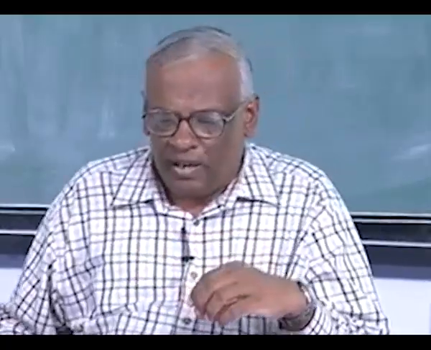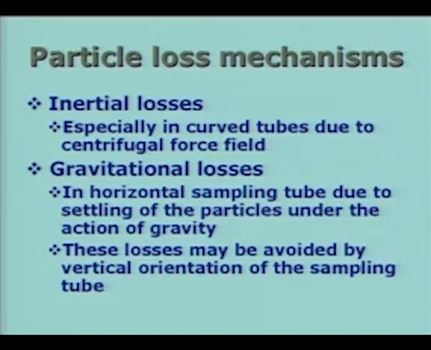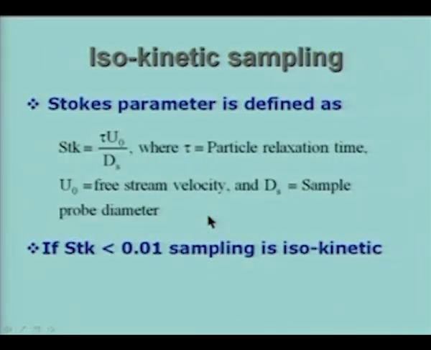So when particles are trying to settle down in a gas stream, they achieve what is called a terminal velocity, depending on the viscosity of the medium, in this case air. Because of that they will come down and settle. In fact, if you have a vertical orientation for the sampling tube, these losses can certainly be reduced or eliminated. So, isokinetic sampling involves the following.